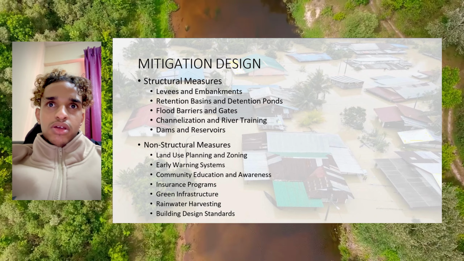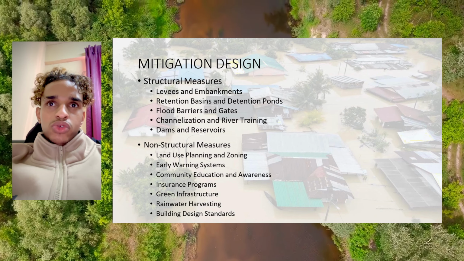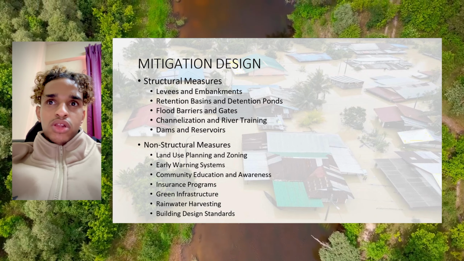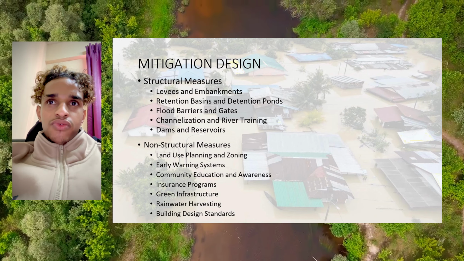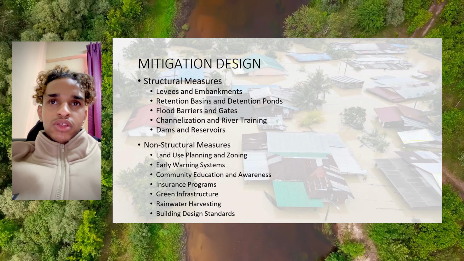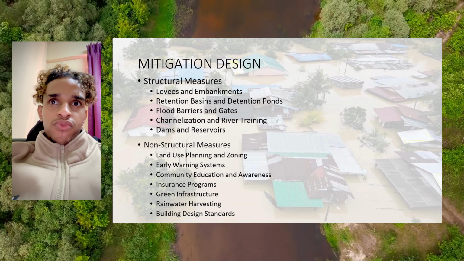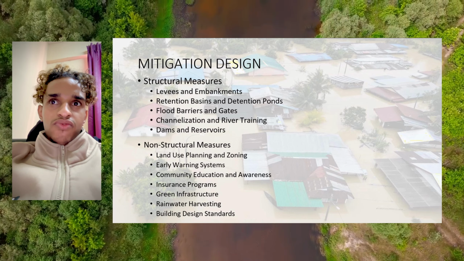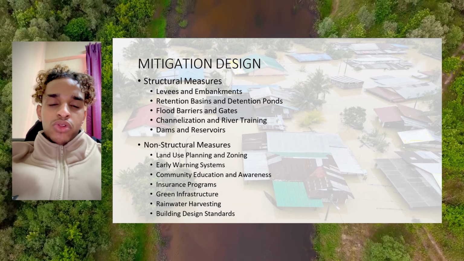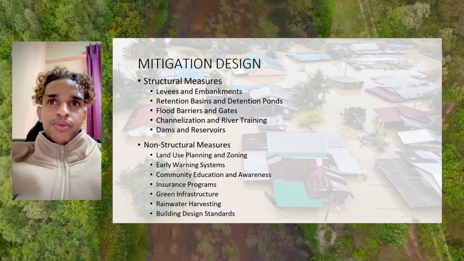Retention basins and detention ponds are stormwater management facilities designed to control and manage the quantity and quality of stormwater runoff. Flood barriers and gates are designed to protect areas at risk from flooding by stopping or regulating the flow of water during flood events, for example permanent barriers and temporary barriers.